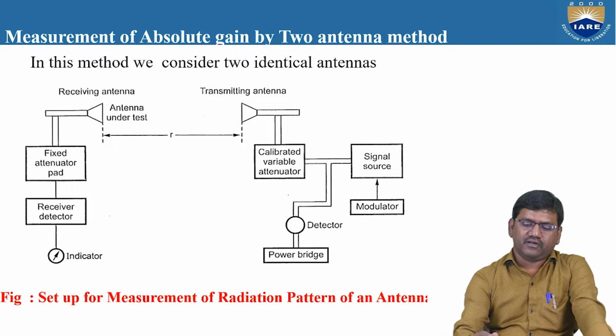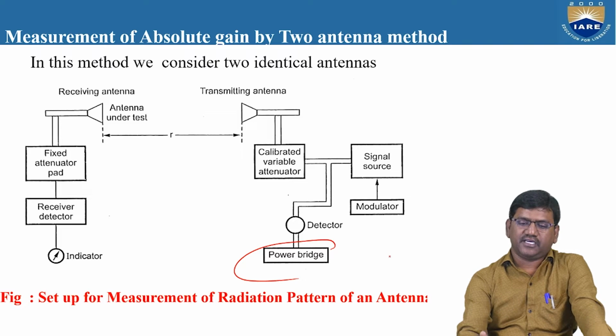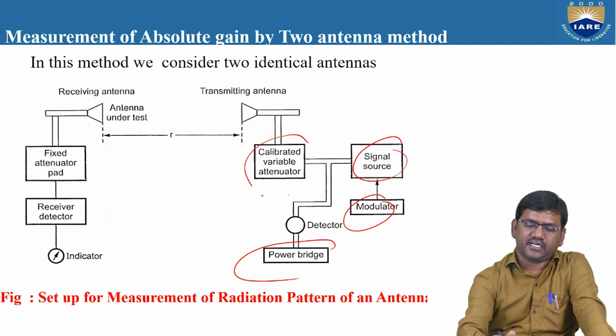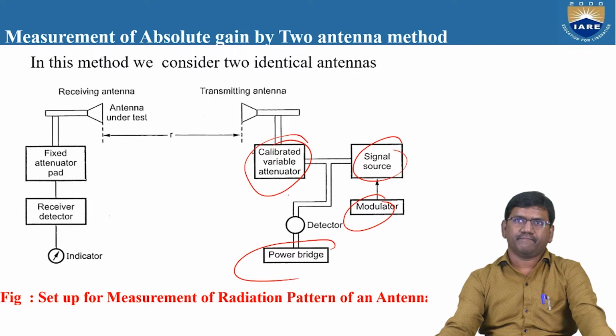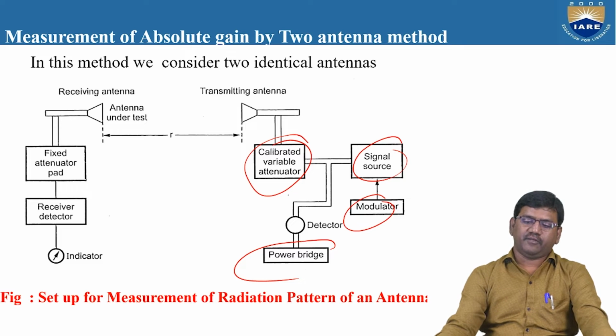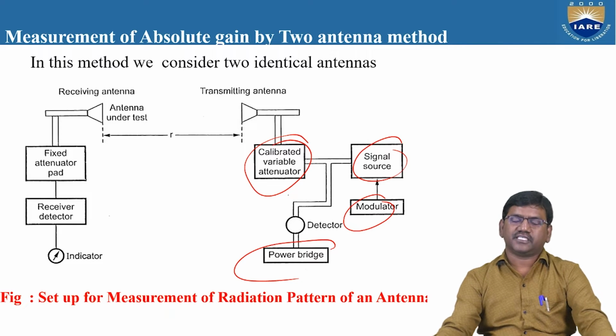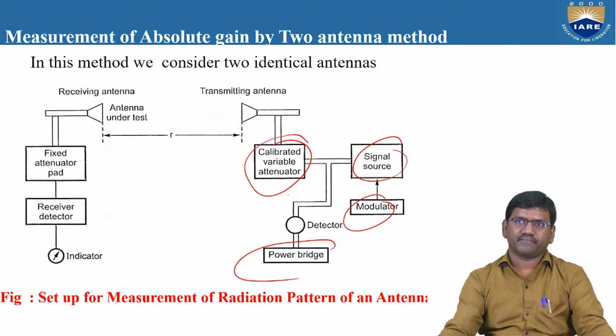Here there is a power bridge. This is in the transmitting antenna section. We have a power bridge, a modulator, a signal source, and a calibrated variable attenuator. The power bridge is the amount of input power that has to be given to the transmitting antenna.